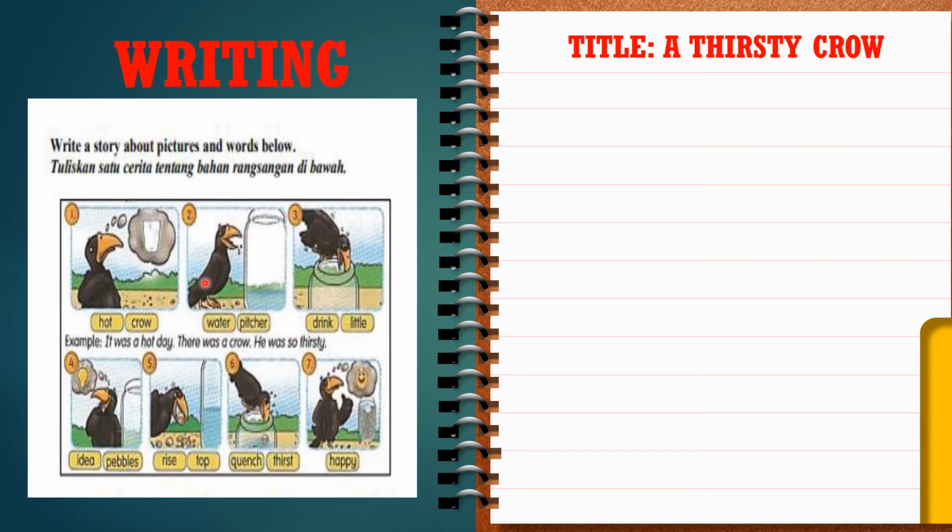Then the crow saw some water in this picture. That's why you can see the words given, water, pitcher. And then drink, little. Can he drink the water? Cannot, right? And then what happened? The words given are idea and pebbles.